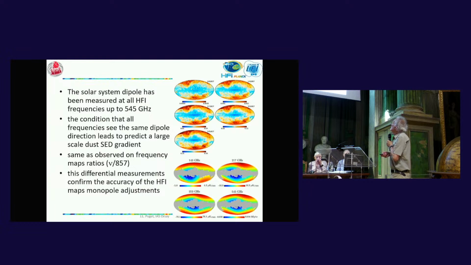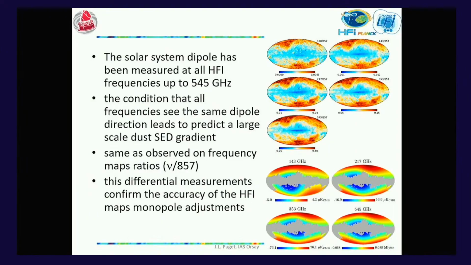Okay, so the solar system dipole has been measured at all frequencies and up to the 545 gigahertz. And the condition that all frequencies see the same dipole direction, not amplitude, but direction, leads to predict a large scale dust spectrum gradient.